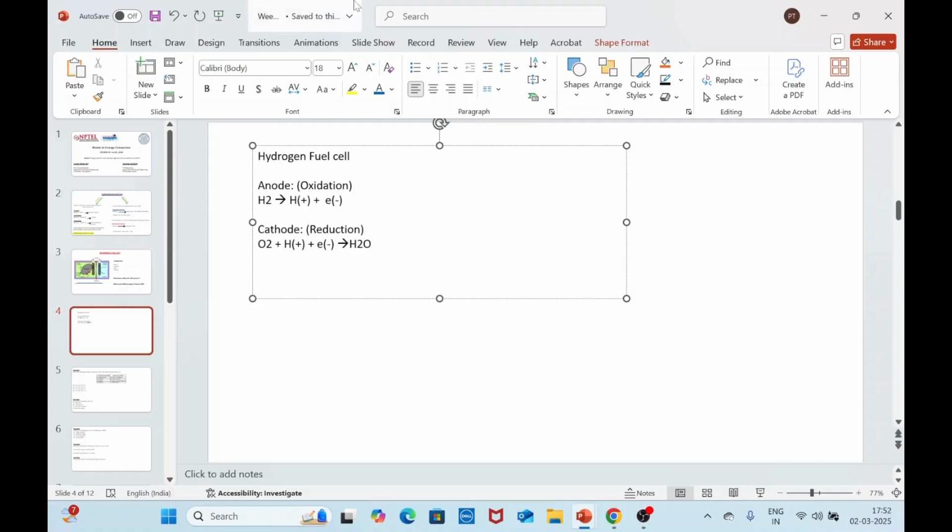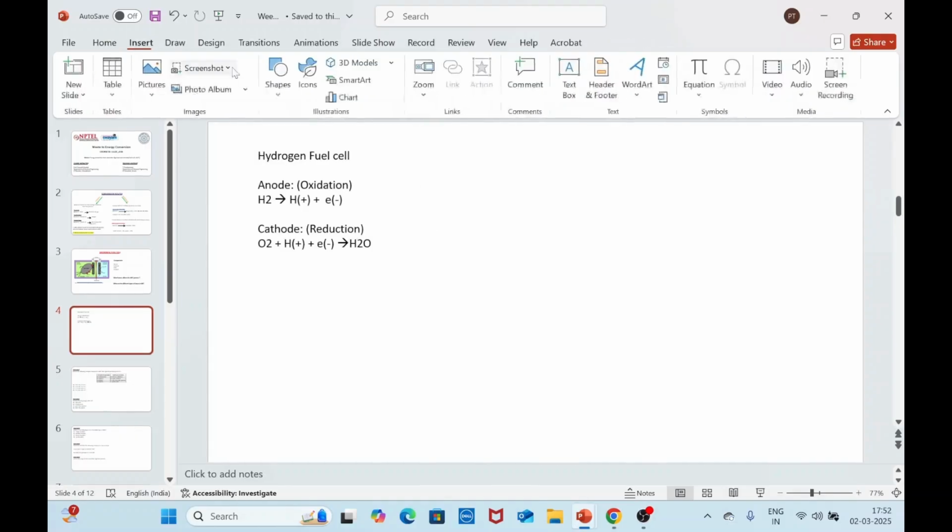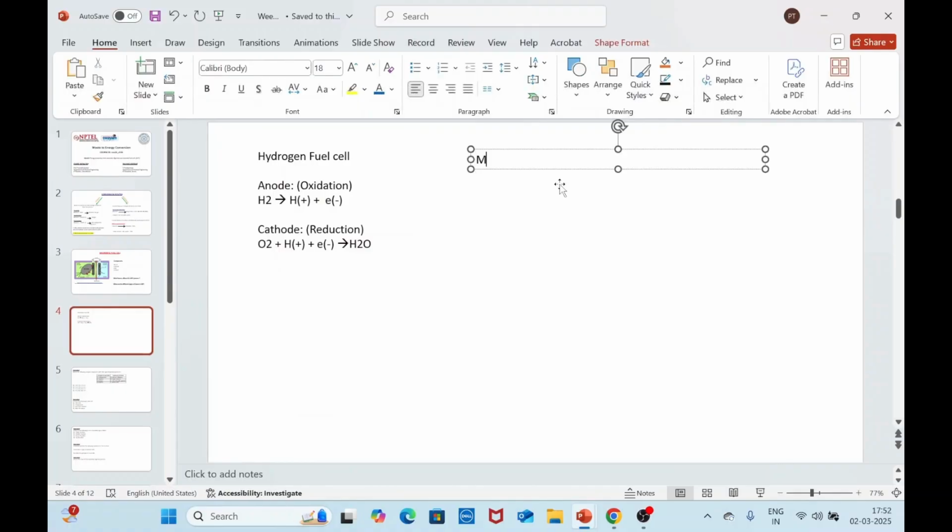In case of the microbial fuel cell, can anybody tell me how the reaction will change? At the anode, you are going to have your organic matter present.